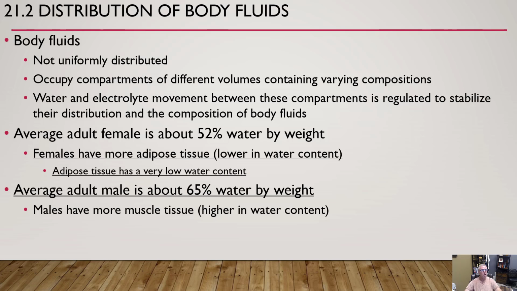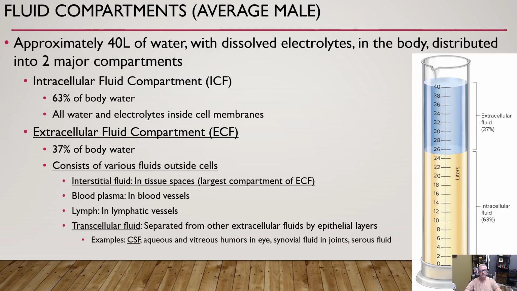All right. So when we look at our different compartments, we can separate them into intracellular fluid compartment and extracellular fluid compartment. Remember, we talked about the ICF and the ECF. In the average male, we're only going to talk about the male here, typically we have about 40 liters of water, and we can break that up into the ICF and the ECF.